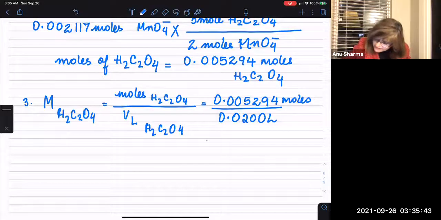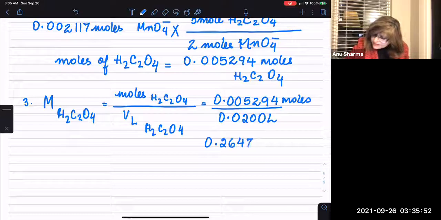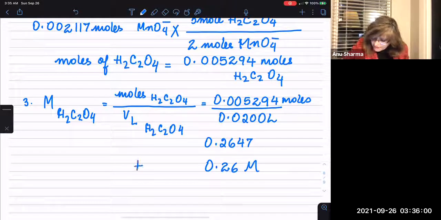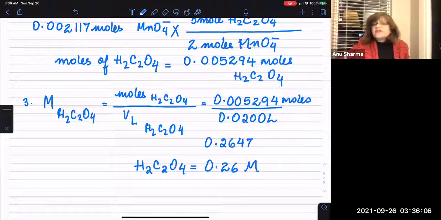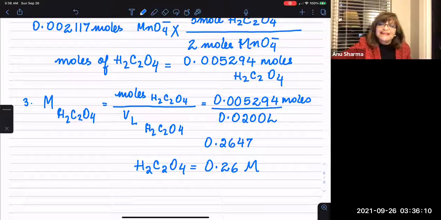So this is 0.264 and you can just make it 0.26 molar. That is the molarity of the oxalic acid, H2C2O4. Okay, so this is how you do these calculations. All right, thank you. Bye-bye.